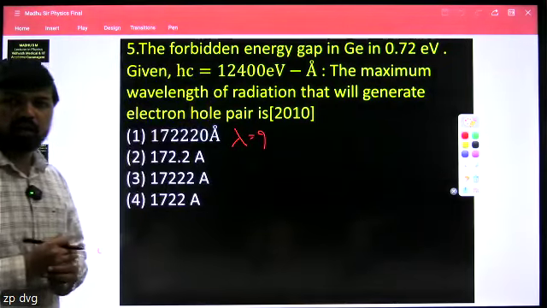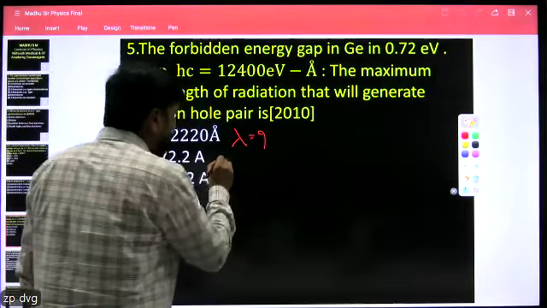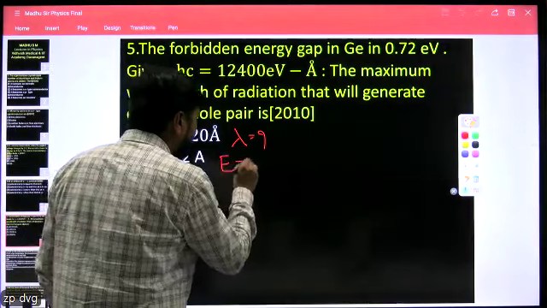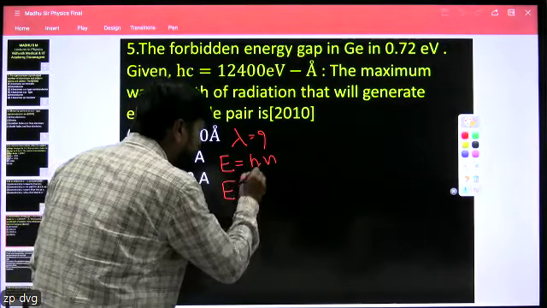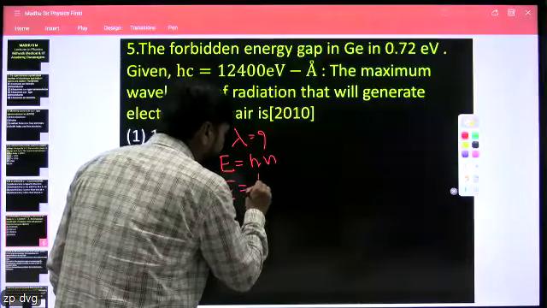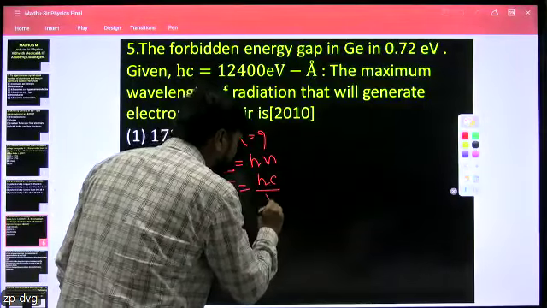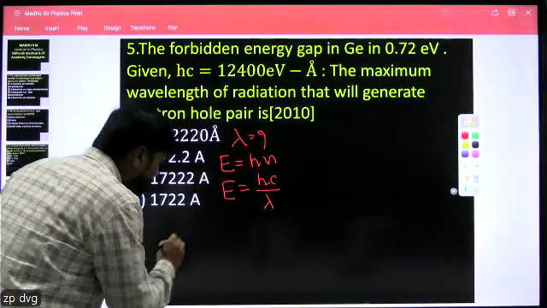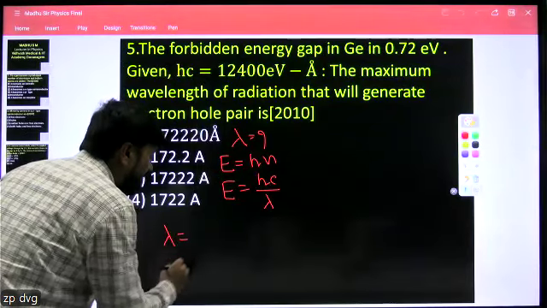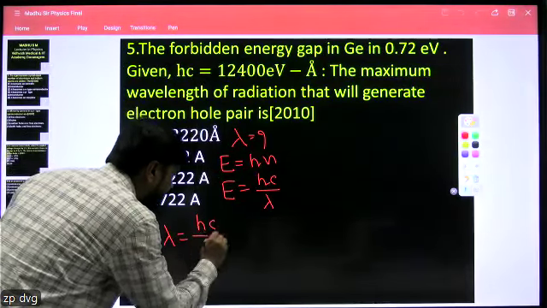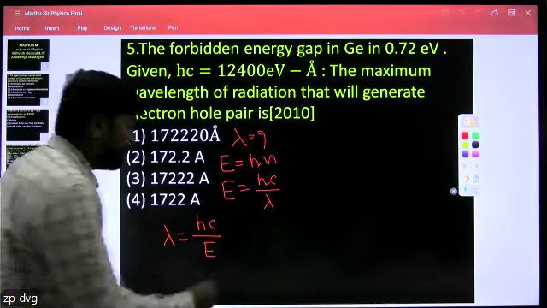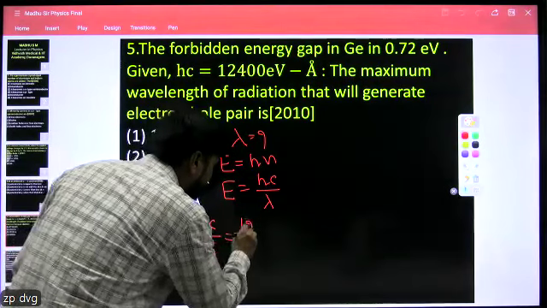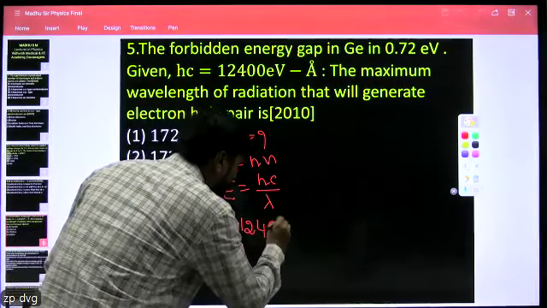We know the energy of photon formula E is equal to h nu in terms of frequency, and in terms of wavelength E is equal to hc by lambda. Our aim is to find lambda. Therefore lambda is equal to hc by E. The hc value they have given is 12400 ev angstrom.